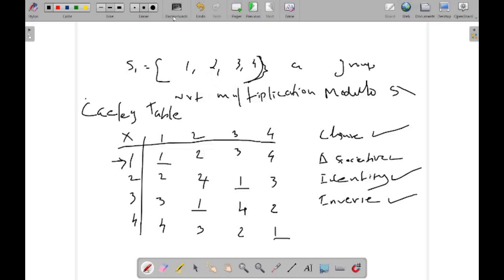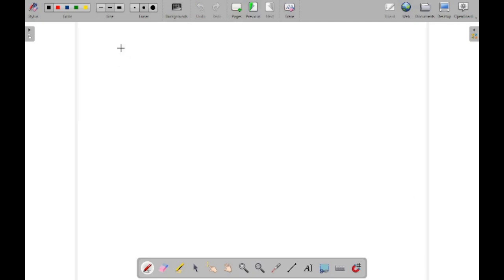Let us consider another one. S2 equal to {3, 6, 9, 12}.